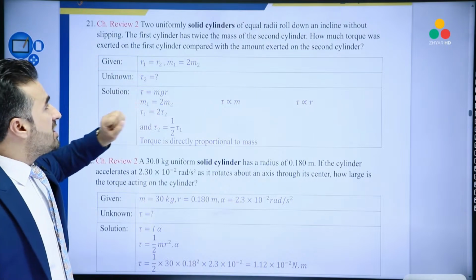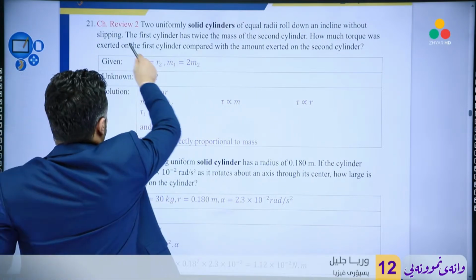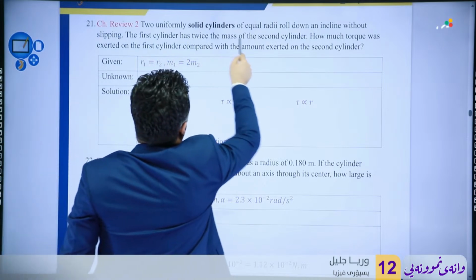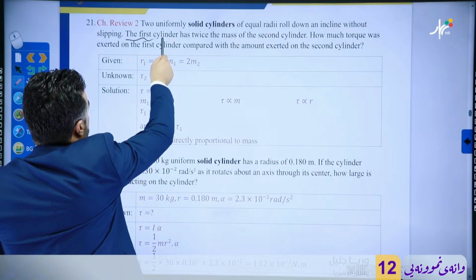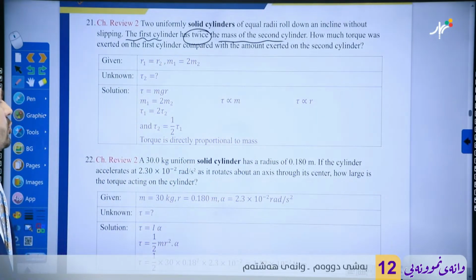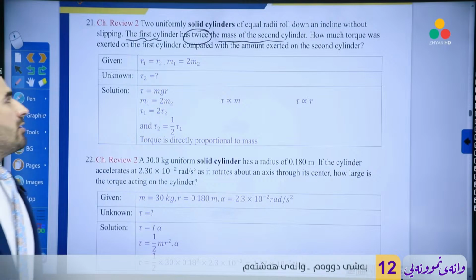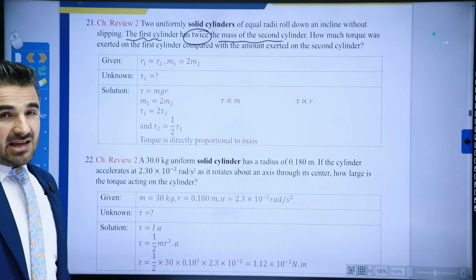The first cylinder has twice the mass of the second cylinder. This is very important. How much torque was exerted on the first cylinder compared with the amount exerted on the second cylinder?